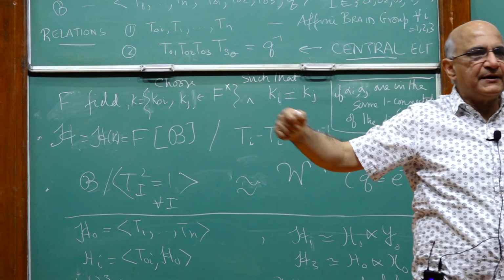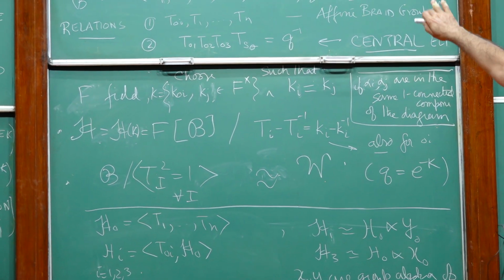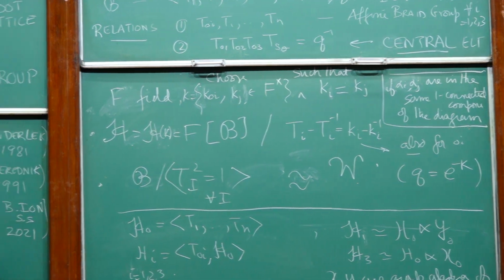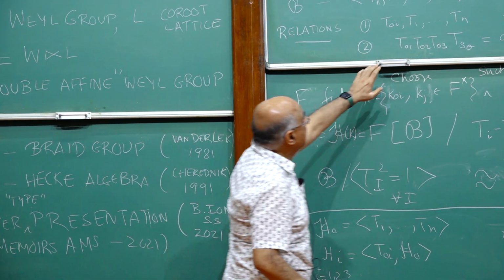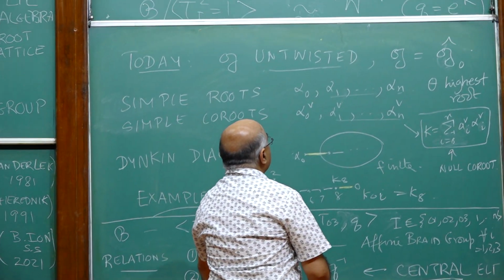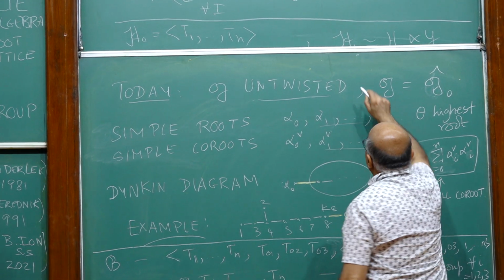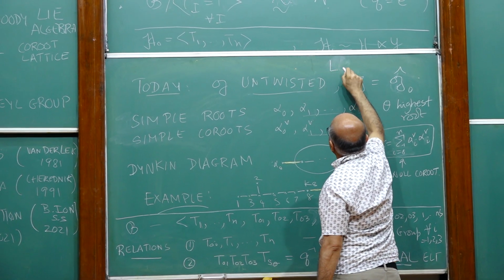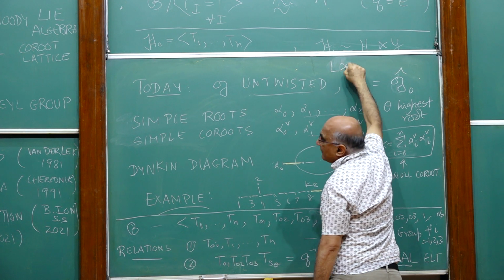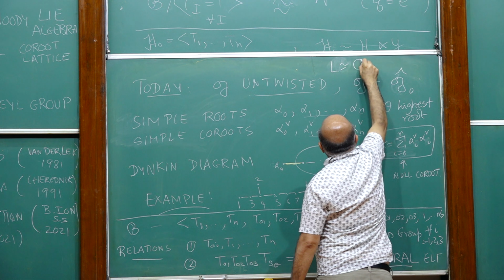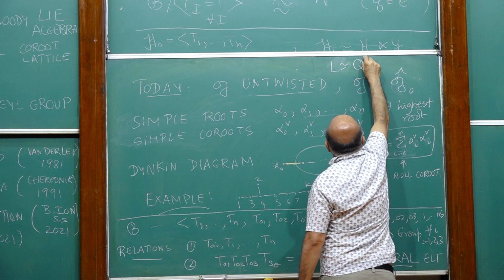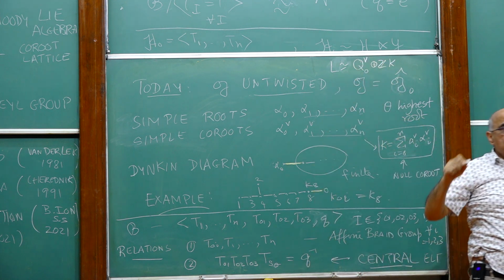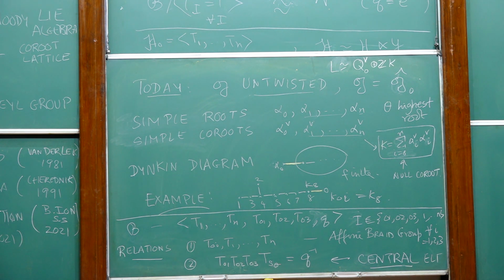In the untwisted case, maybe I should write something here which may help. What is true in this case is that Q check, so L, I called it L, is isomorphic to Q0 check plus Z times K, where Q0 check is the coroot lattice of G0.